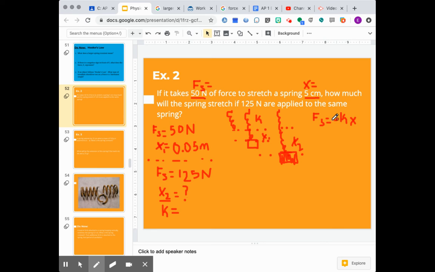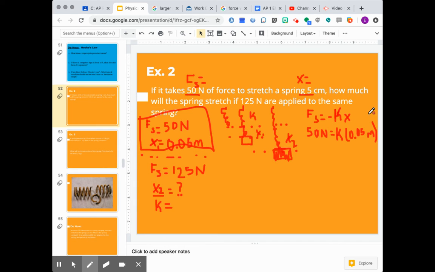So we're going to use Hooke's law, and we're going to plug in using the variables from our first situation. So you have 50 newtons equals K times 0.05 meters. We divide both sides by 0.05 meters to get K by itself. Notice here that the negative sign denotes that the force and displacement are always in opposite directions. When we solve for K, it is a constant.